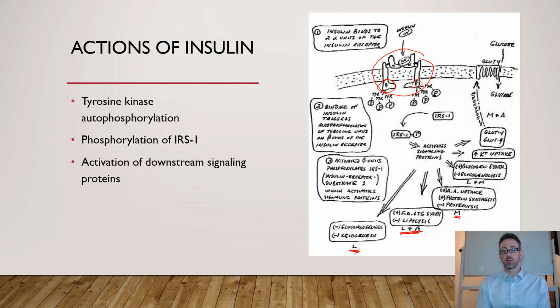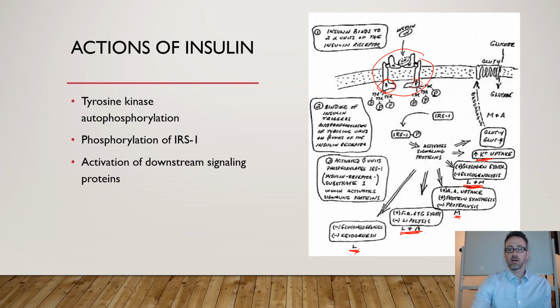You notice that it's promoting the uptake of amino acids, and it's promoting protein synthesis while inhibiting proteolysis or the breakdown of proteins. And then in the liver and the muscles, it's promoting glycogen synthesis, okay, and it's inhibiting glycogenolysis, right? So we can have the storage form of glucose. And then again, it's increasing potassium uptake in many different cells.